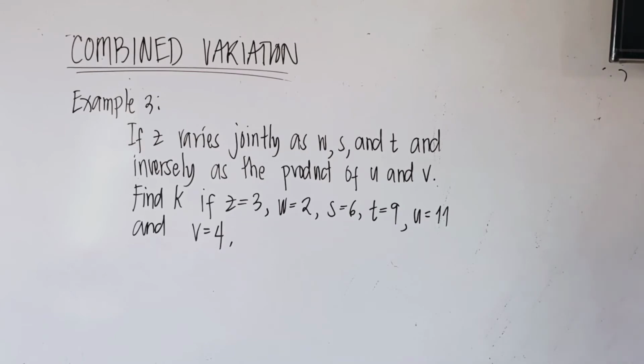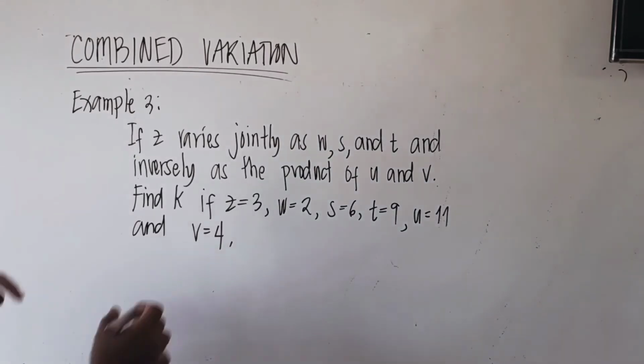Okay, another example. Try naman natin mag-solve ng problem involving combined variation. For example, if Z varies jointly as W, S and T, and inversely as the product of U and V, find the constant variation or find K if Z is 3, W is 2, S is 6, T is 9, U is 11, and V is 4. So, first step dyan is gagawa muna tayo ng equation.